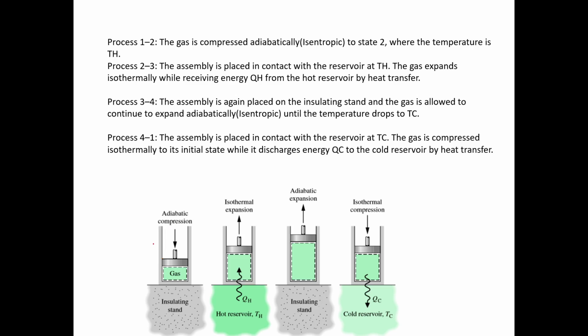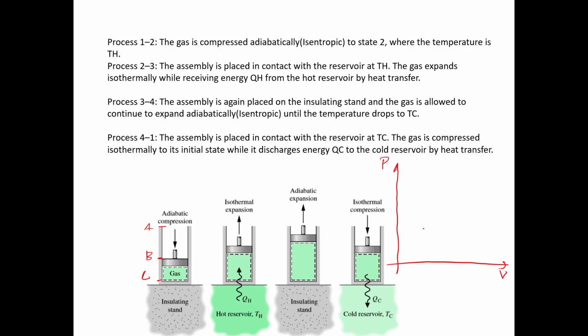Okay. Now let me start from the middle position, that means position B. At the same time we will draw the PV diagram for this, so the P and V diagram.